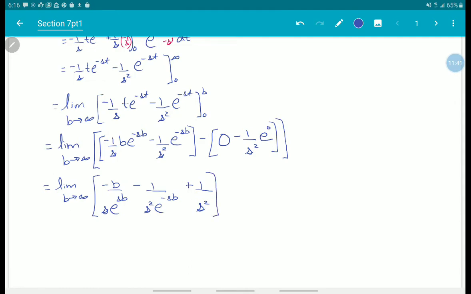So if we apply that limit, we would take the limit of each piece separately.